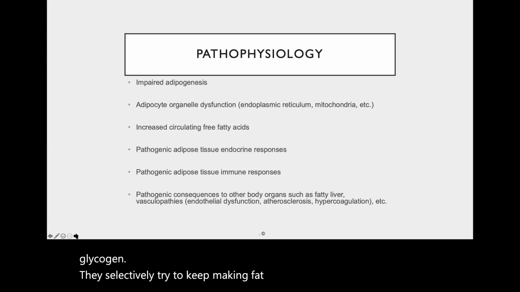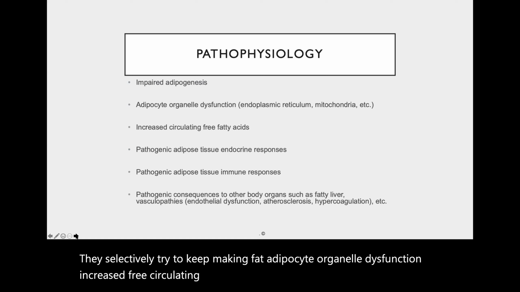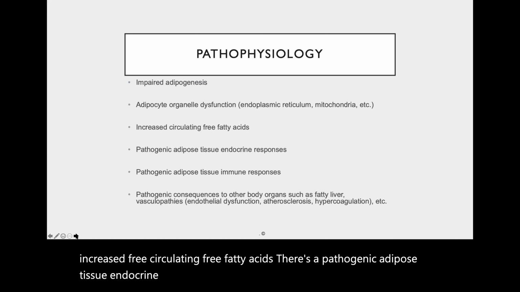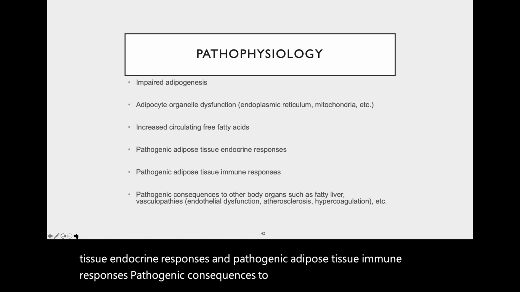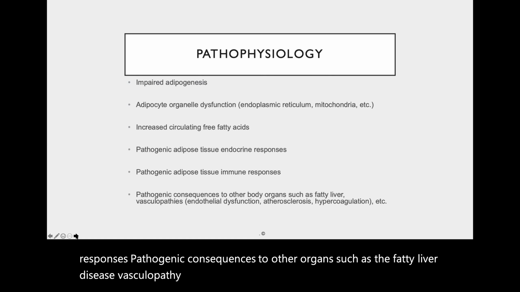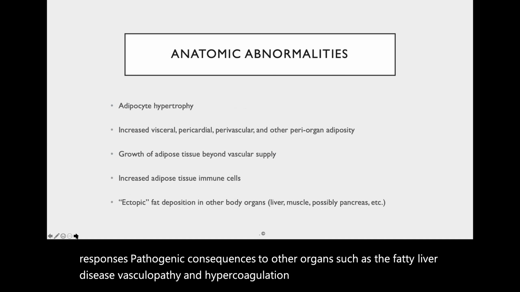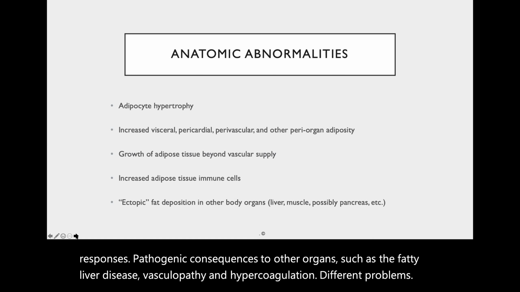Adipocyte organelle dysfunction, increased circulating free fatty acids. There are pathogenic adipose tissue endocrine responses and pathogenic adipose tissue immune responses, pathogenic consequences to other organs, such as the fatty liver disease, vasculopathies, and hypercoagulation, different problems. Adipocyte hypertrophy.